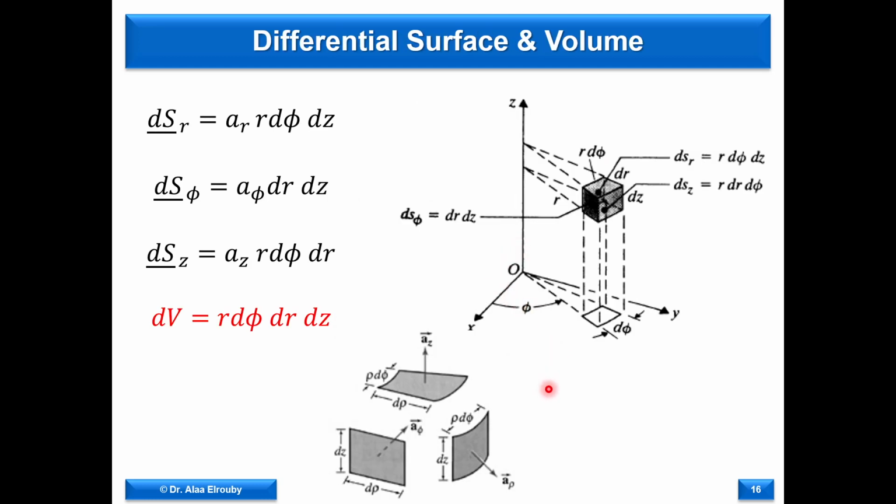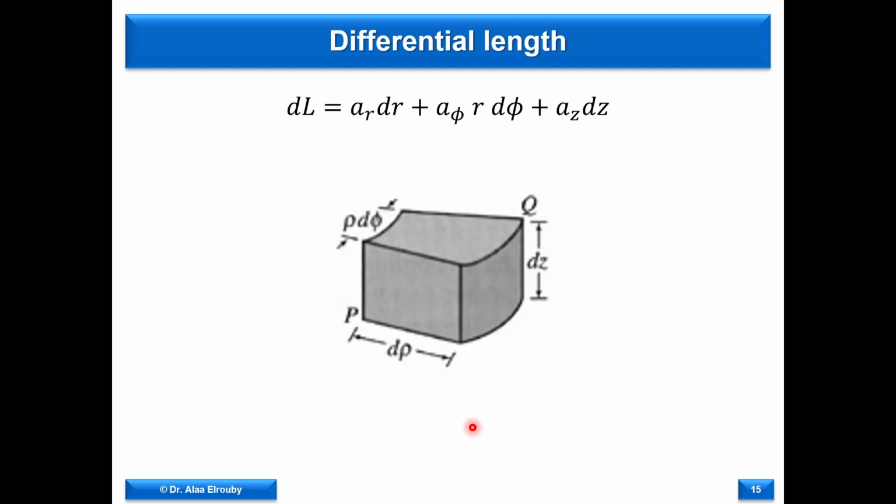For describing a unit surface, if we draw a differential volume, it would look like this. A differential volume is defined by a displacement along R, which gives us dr, a displacement along z, which is dz, then a displacement along phi, which is A phi.